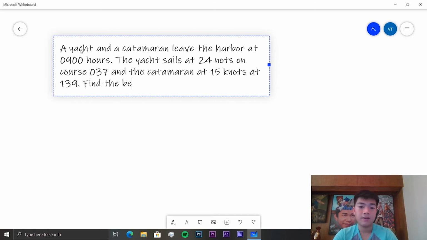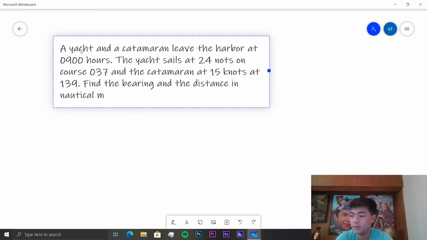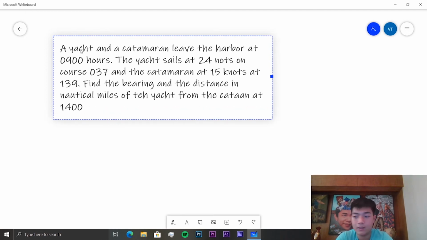Find the bearing and the distance in nautical miles of the yacht from the catamaran at 1400 hours, where of course 1 knot is 1 nautical mile per hour.